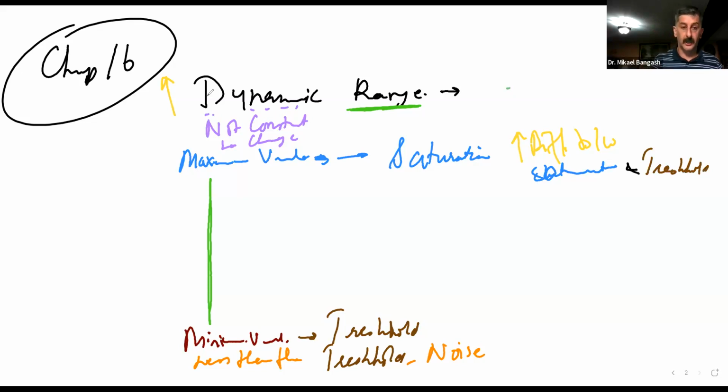So the greater the difference between these two values here, the greater the dynamic range.